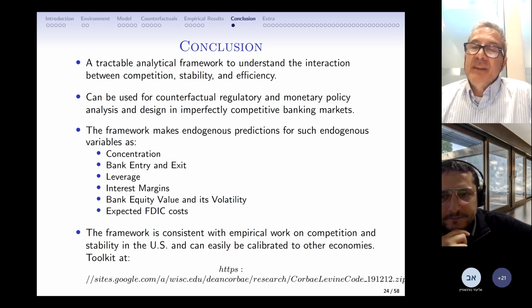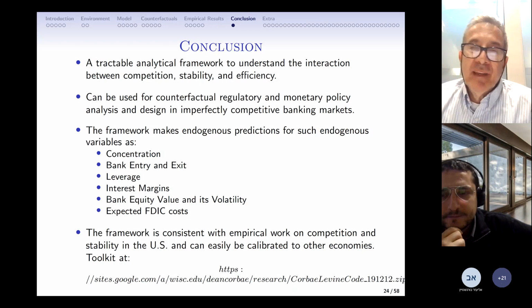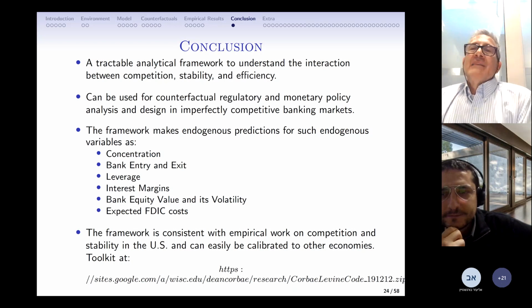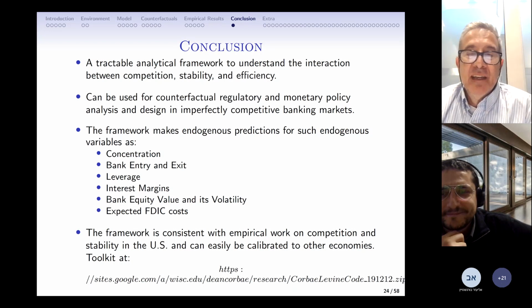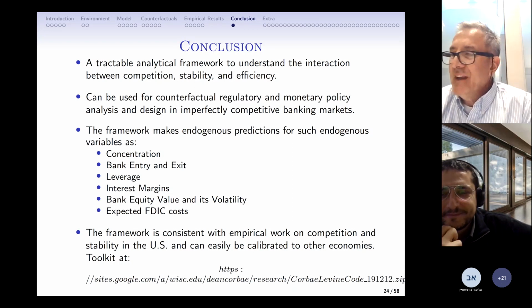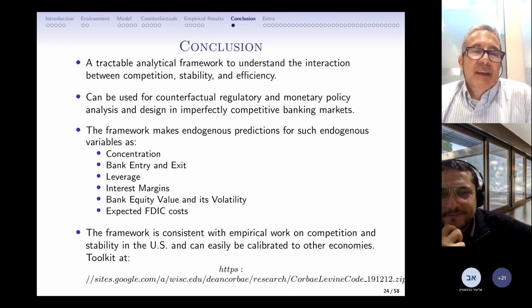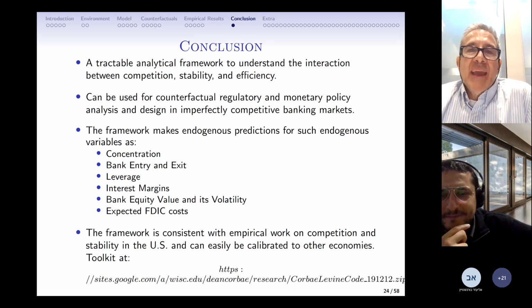This is something Darrell Duffie has thought a lot about, and I respect him tremendously as a financial theorist. He actually came to Wisconsin and gave a lecture on how bank resolution may affect things.